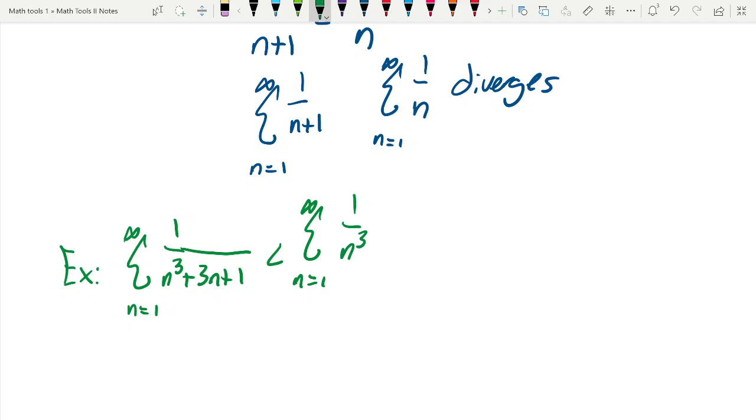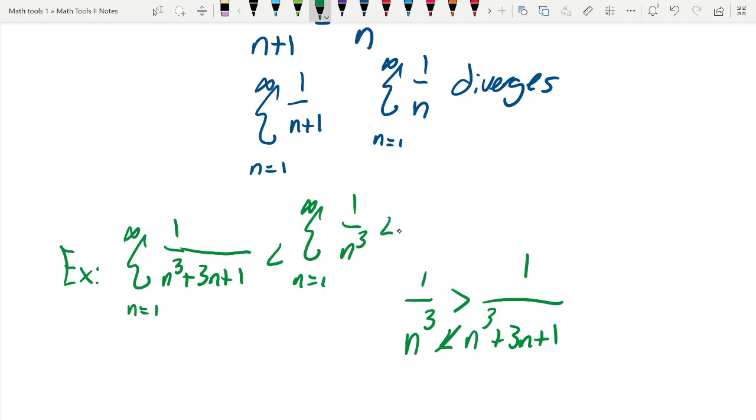So this can be a little bit tricky when you're working with the denominators, but this is because n cubed is less than n cubed plus 3n plus 1, right? Keeping in mind, again, that n's always positive here. So when you put them in the denominators, that will be reversed, right? So you could just do it like this. So you want to be very careful making these comparisons, but this is indeed less than 1 over n cubed.